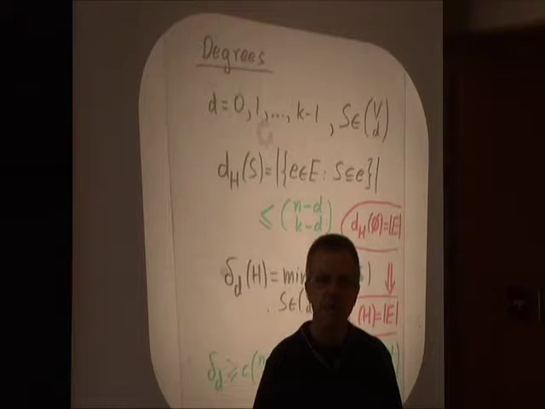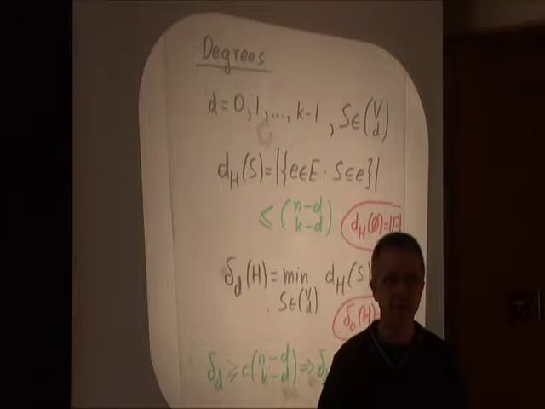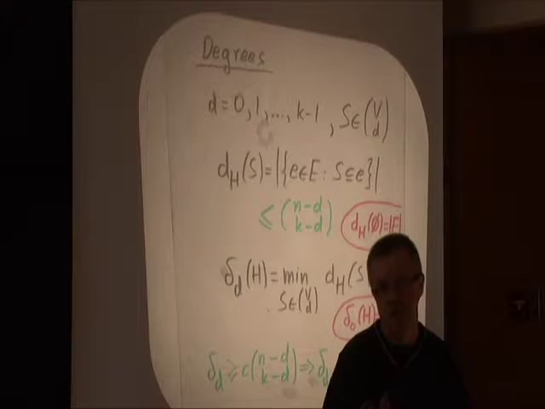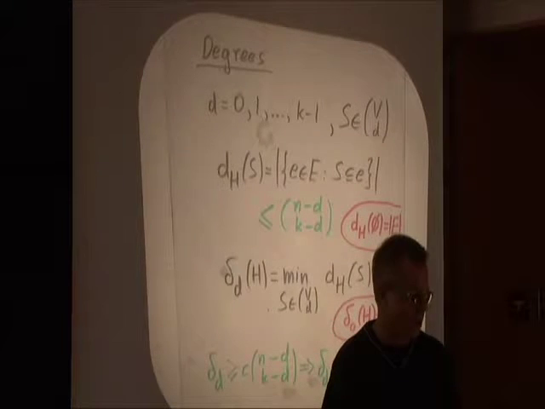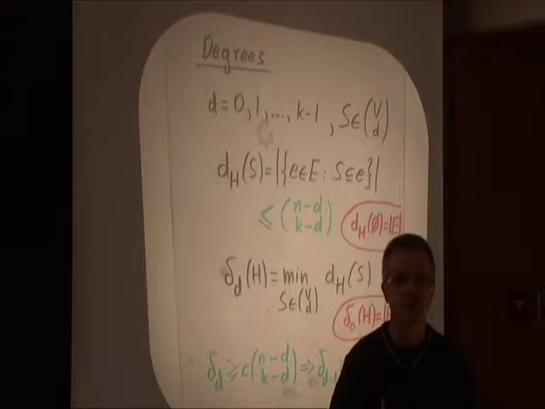Now, for hypergraphs, unlike for graphs, there is more than one notion of the degree. You may think of degrees of vertices, and that would be in sort of natural analogy with graphs. But you can also think of degrees of some sets of vertices.